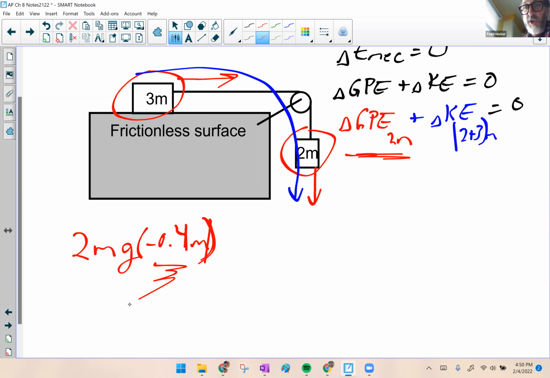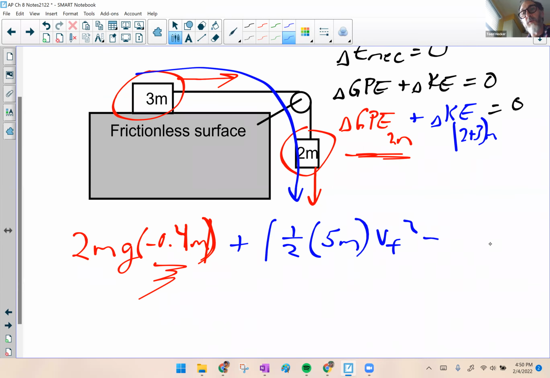That's my change in GPE, plus my change in kinetic energy, which is KE final: 1/2 times the total mass, 5m, because both the 2m and 3m blocks are moving, times final velocity squared, minus my initial kinetic energy, which is 0. All of this has to add up to 0.